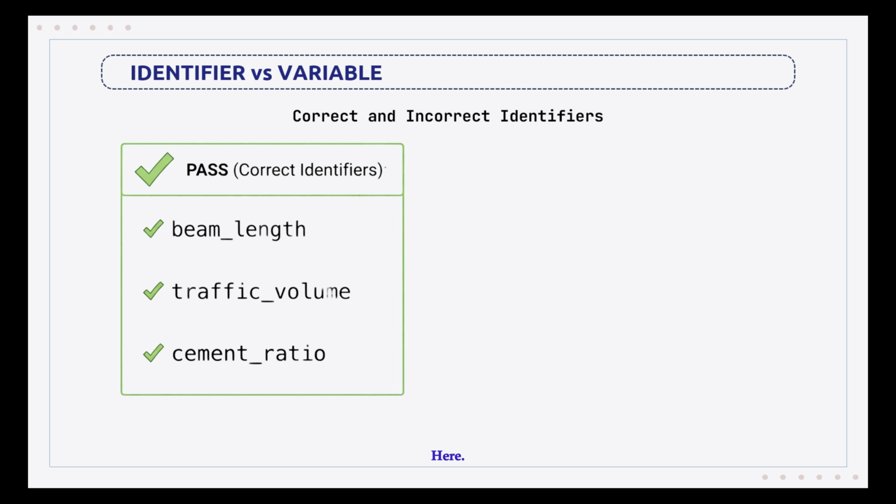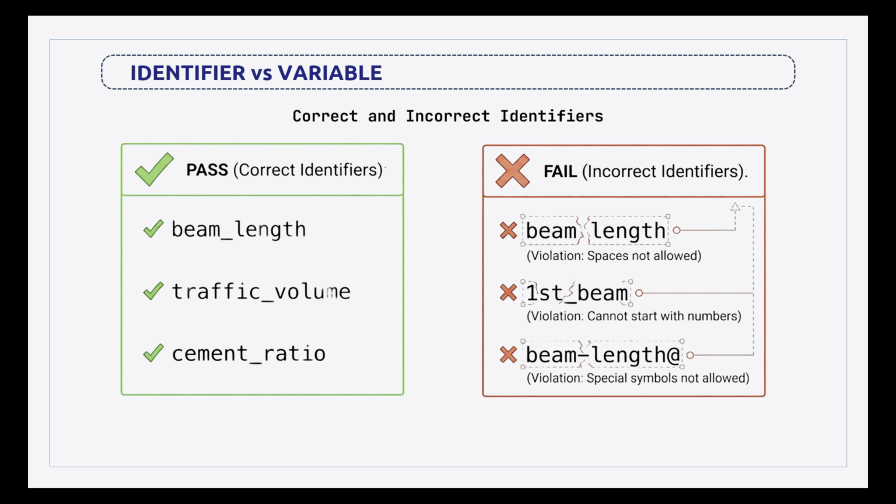Here beam_length, traffic_volume, cement_ratio, these are correct because they are meaningful, they are readable and follow Python naming rules. Now see beam length, 1st_beam, beam-length, @ these are incorrect because spaces are not allowed, identifiers cannot start with numbers and special symbols are not permitted.